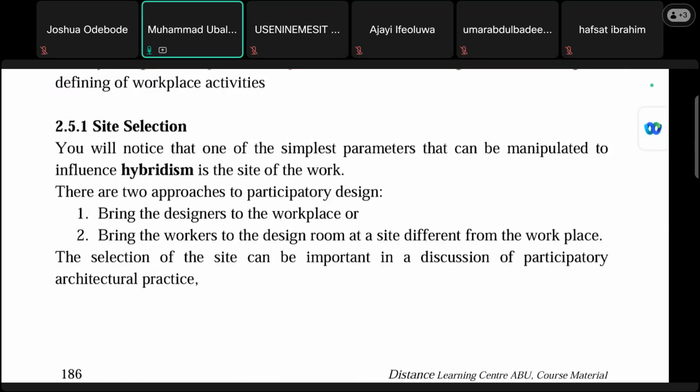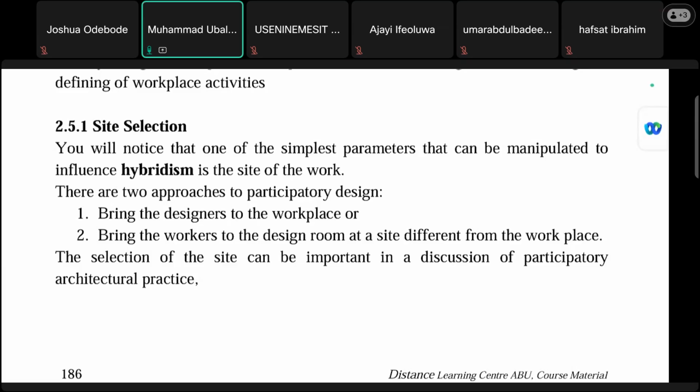Now, what this is trying to say is that there are two approaches when talking about site selection. And site selection, in essence, means that particular environment where the system is being developed. So the first approach is that designers go to the workplace, and two, users come to the designers' environment.